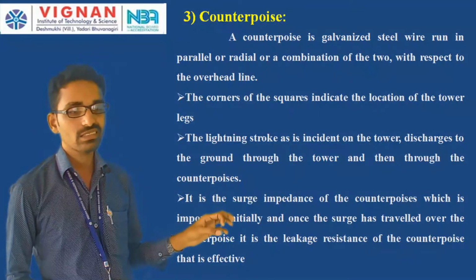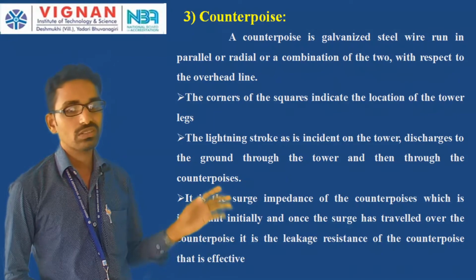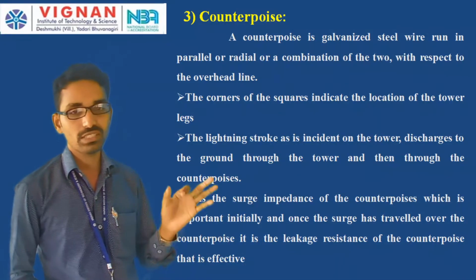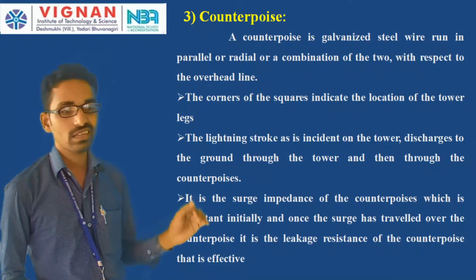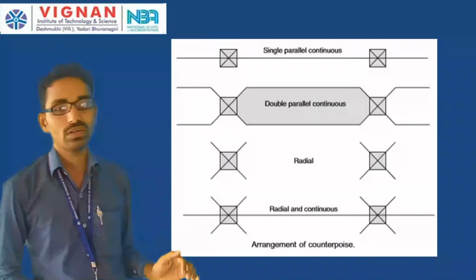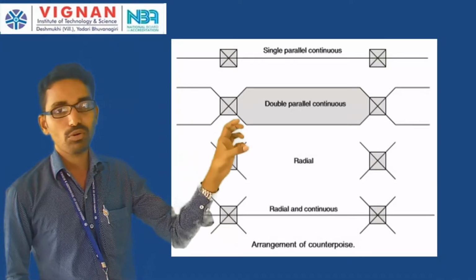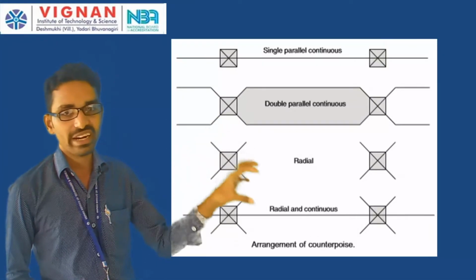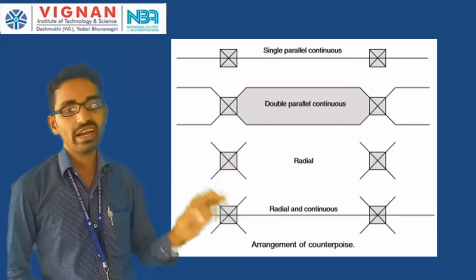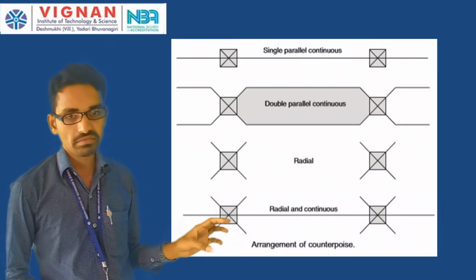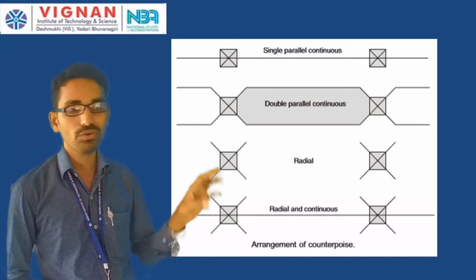That means the leakage resistance must be very low, so that the counterpoise directly sends the currents effectively to the ground. That is the counterpoise. These are the different structures of counterpoise: the double, parallel, continuous, and radial structures, and radial and continuous. These are the arrangements of different counterpoises.